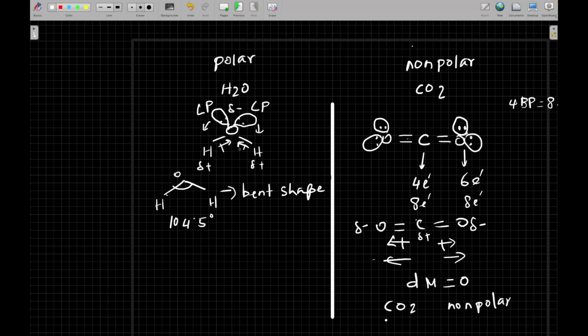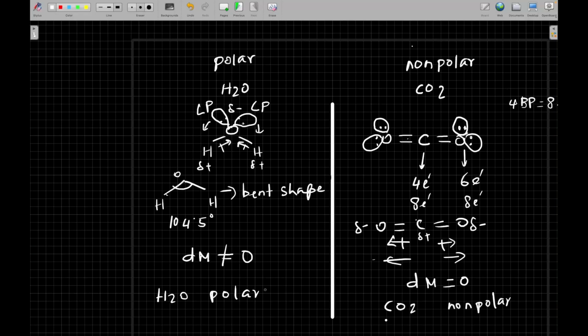There is no chance of this nullification. So what happens? There will be a resultant dipole moment within the water molecule, and due to this, the water molecule is polar by nature.